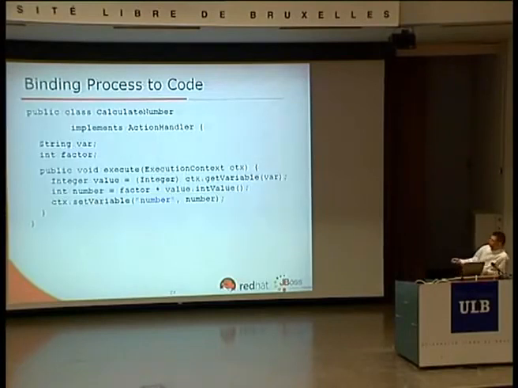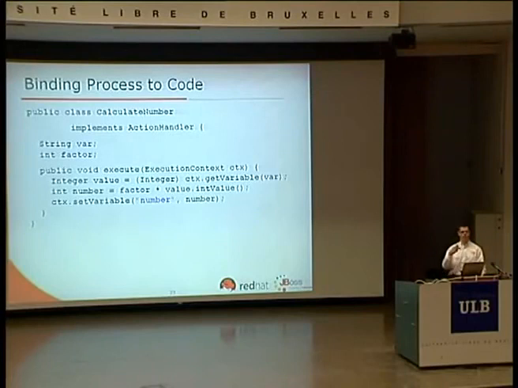So here is one implementation in which you calculate some number. You start off by getting a process variable, you do some calculations and you set another variable, so you do a variable update. But now, of course, we want to reuse that calculation in various places in the process with different configuration parameters, and that's where you can just use plain member fields.